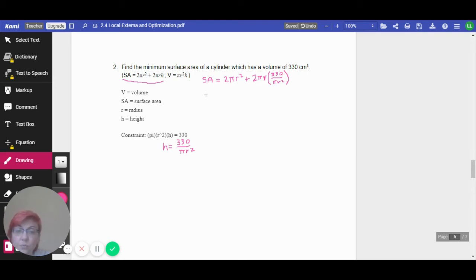So we can try and simplify down a little bit and say that SA of r is equal to 2 pi r squared plus 2 times 330 is 660.